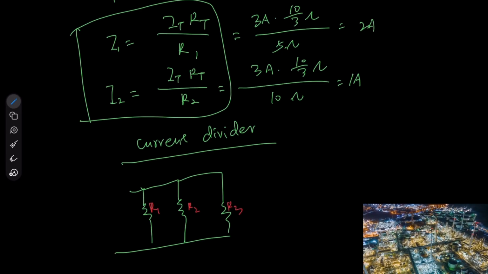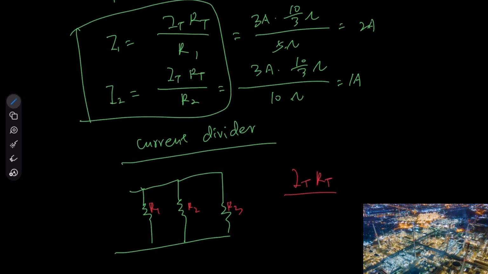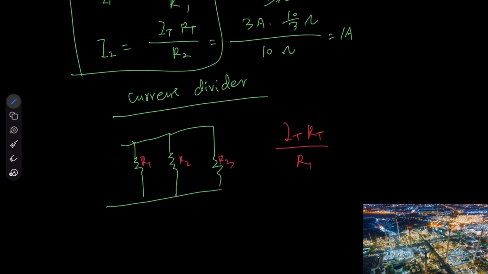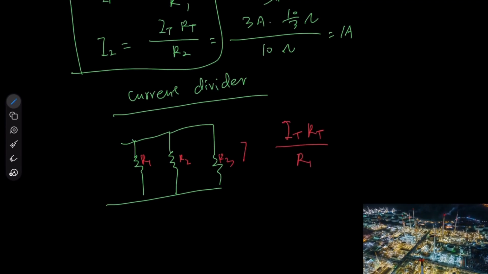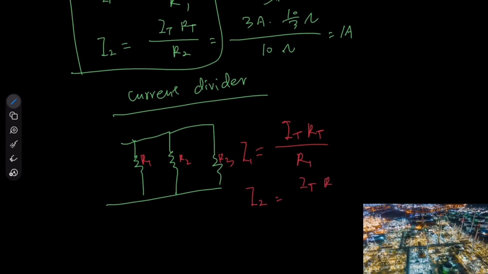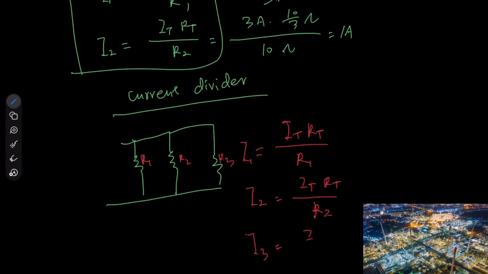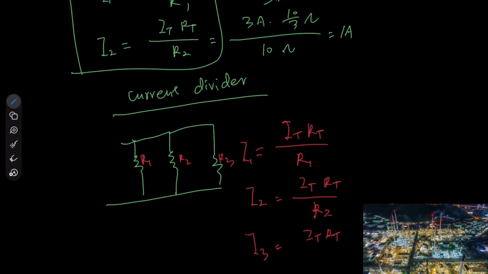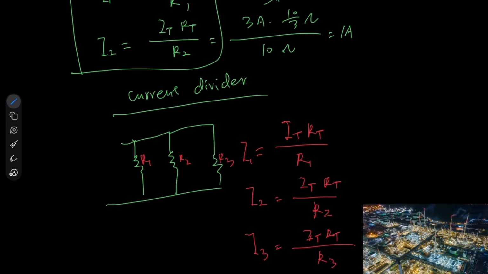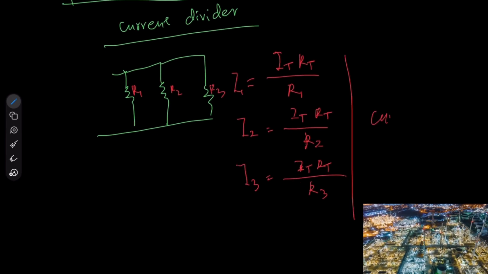So we get RT, so I1 will be IT RT divided by R1. I2 will be IT RT divided by R2. I3 will be IT RT divided by R3. So this is a kind of current divider.